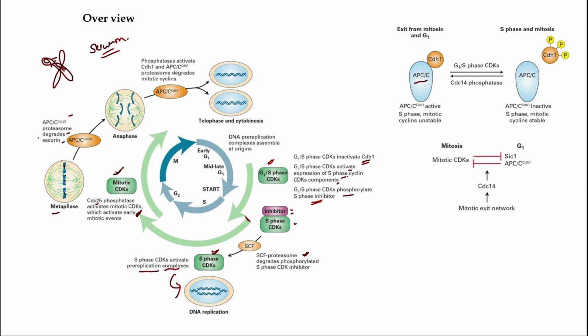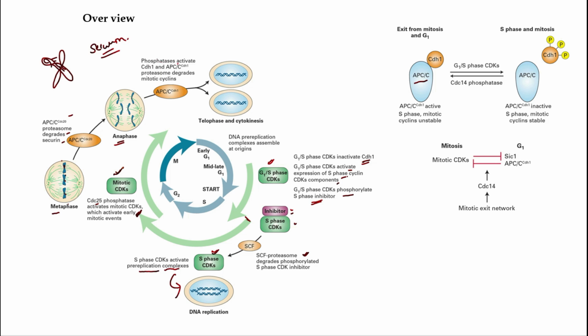It degrades this securin. If the securin is degraded, there is another component known as separase, which helps in pulling the two chromatids to the two poles. This is the anaphase, and the anaphase promoting complex works here. During anaphase, the chromosomes are pulled towards the two different poles.